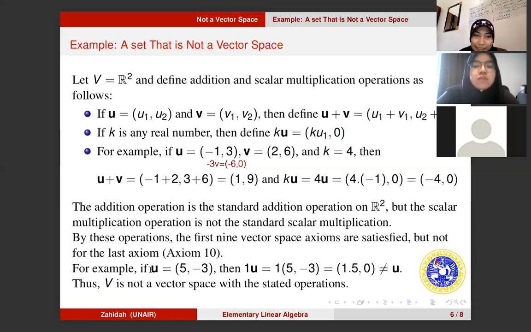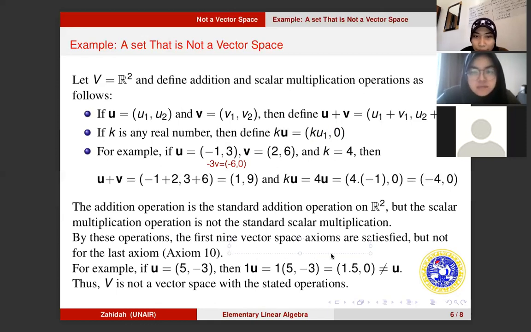Okay, for example, if we choose u as (5, -3), then our 1 times u here equals 1 times 5, and the second component 0. This is not our u, right? So the last axiom, axiom 10. Do you remember axiom 10?